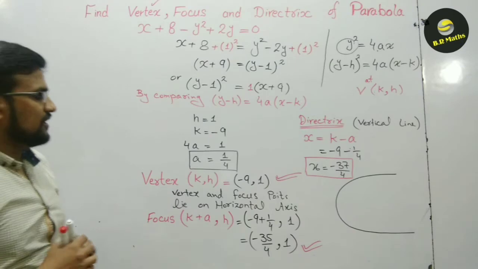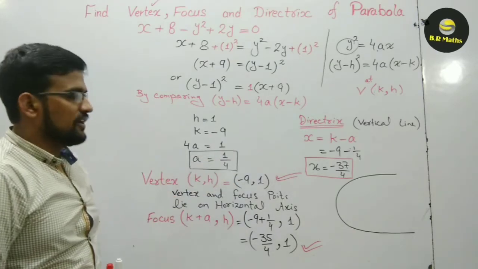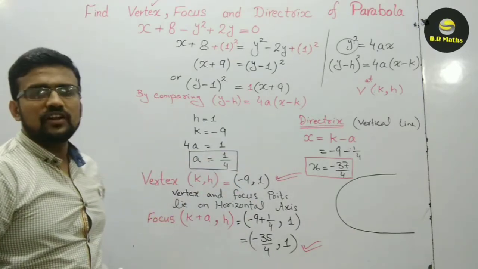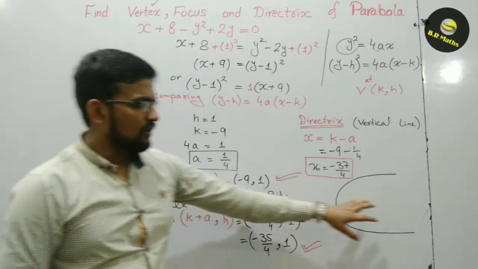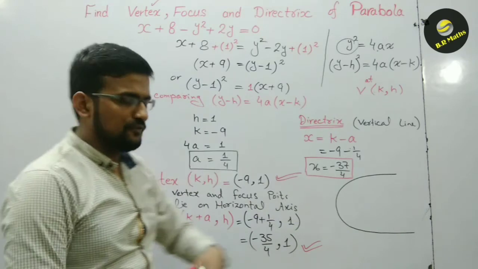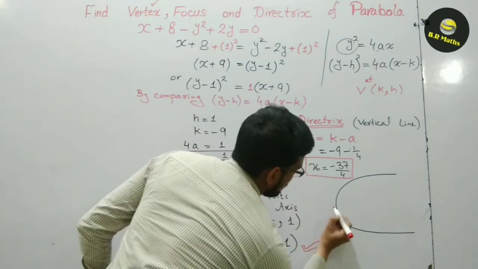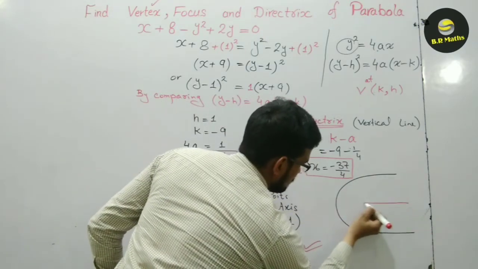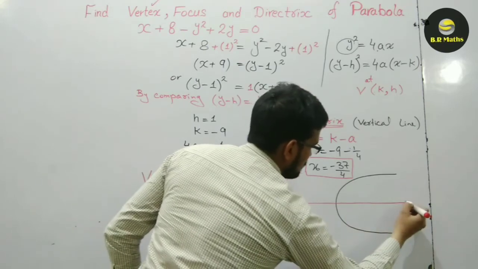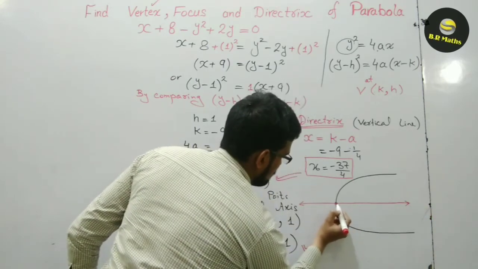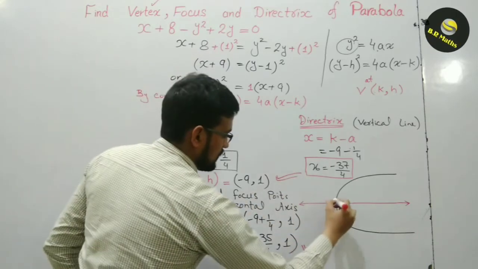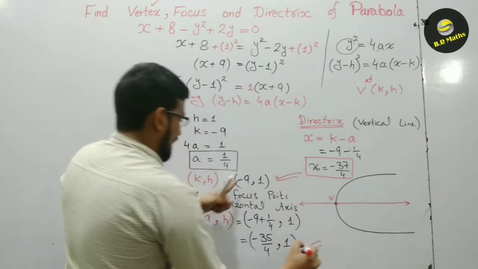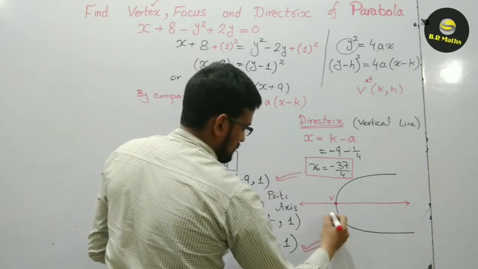I hope you understand all these points: directrix, vertex and focus. This is the direction of the parabola, and let us label it. This is the vertex (-9, 1).